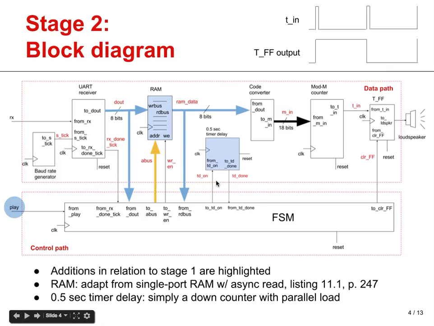So whenever we go into the play mode, the timer delay on signal will be activated, and from that moment on, this block will generate a timer delay down tick every half a second. And this will be used to inform the control path that a new address may be generated to send the following ABC note to the code converter.